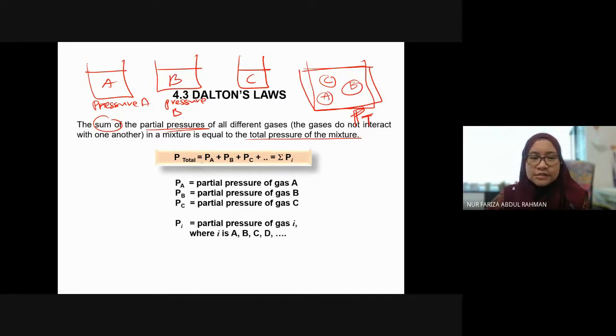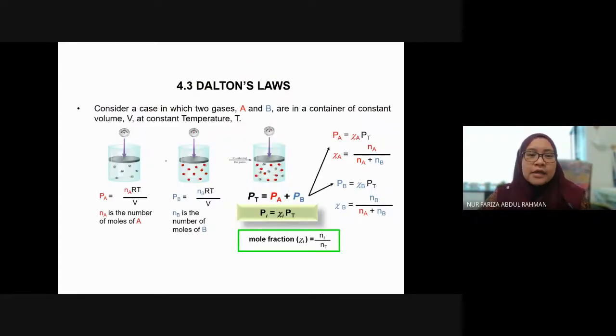The total pressure is equal to the partial pressure of A plus partial pressure of B plus partial pressure of C and so on. So that will be your total pressure. Like I mentioned just now, consider a case in which two gases A and B are in a container of constant volume at constant temperature.